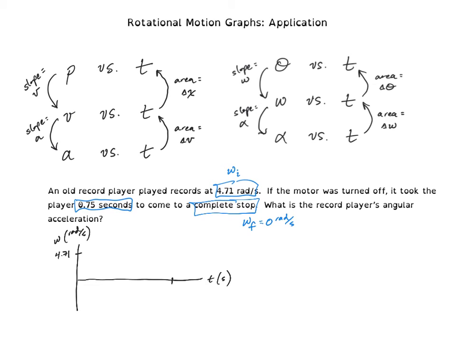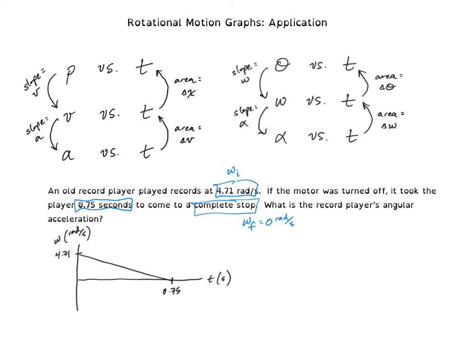We'll mark off our time here, which was 0.75 seconds. And now our final velocity, again, is 0 radians per second. So really all we're doing here is showing that this record player is slowing down in that positive direction. Okay, we don't really know the direction that this record player is moving, so we're just going to assume that it's in the positive direction.